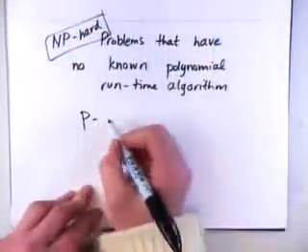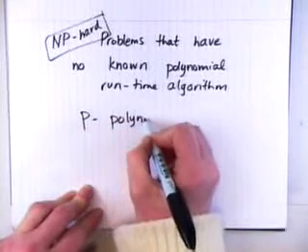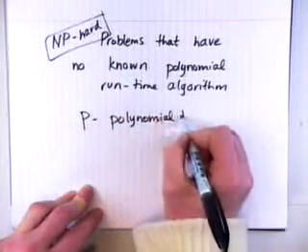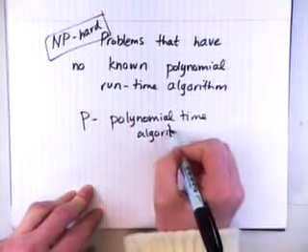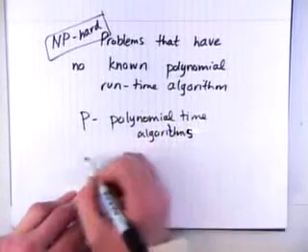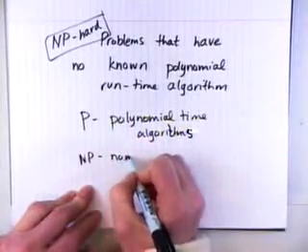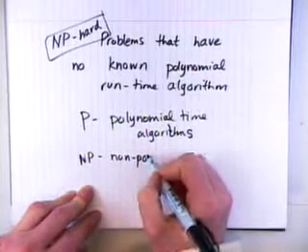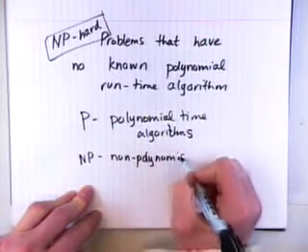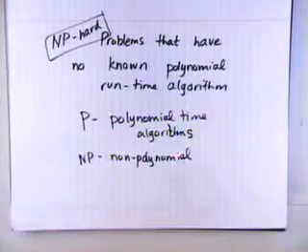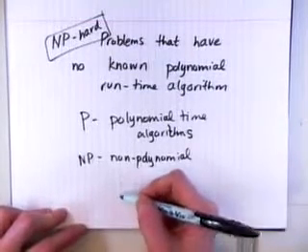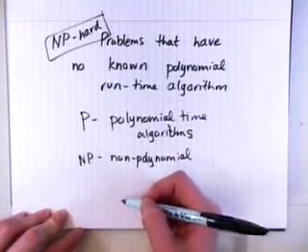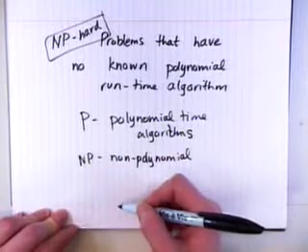So P is called polynomial time algorithms, and NP is non-polynomial. So an example of a non-polynomial problem is anything that would take a factorial amount of time, because that's definitely not a polynomial, or anything that takes an exponential amount of time.